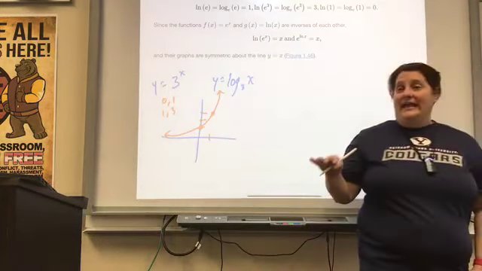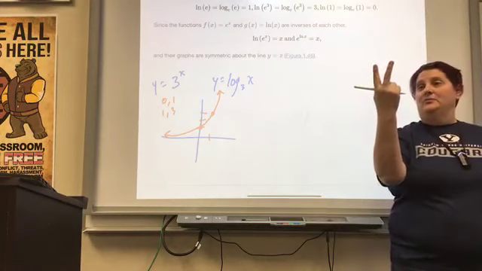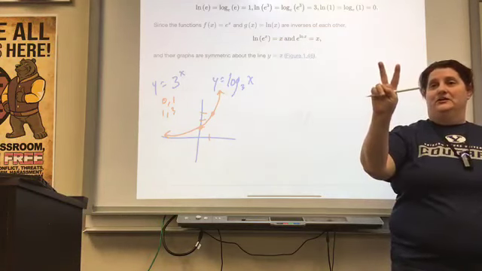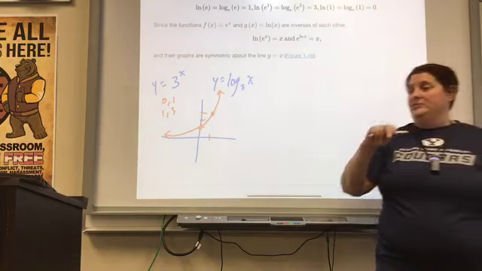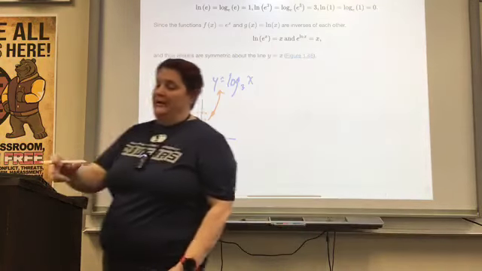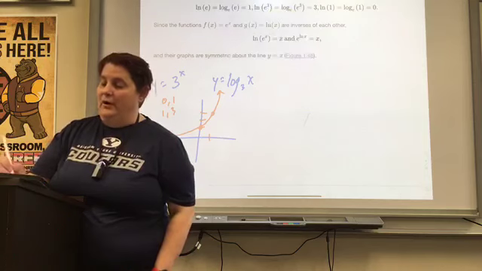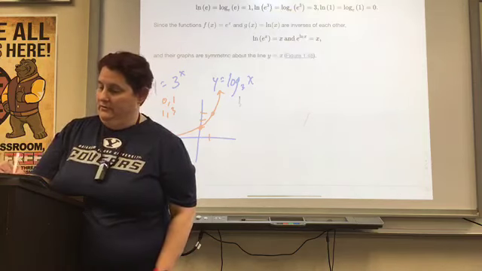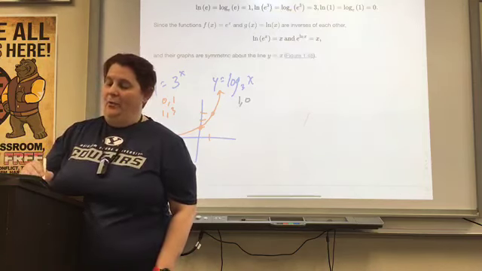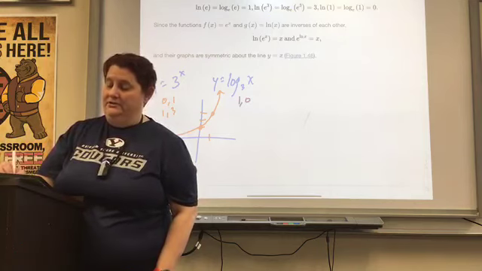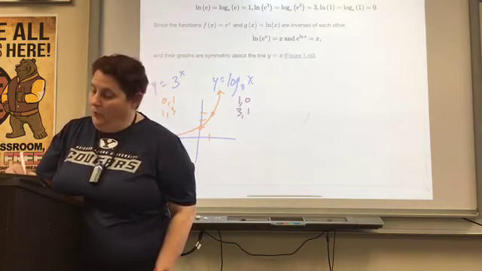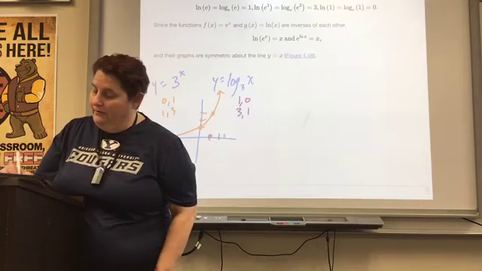To find an inverse, you take the x and y, you flip the x and y, and you solve for y. So if the point 0, 1 is on the graph of 3 to the x, what point is on this graph? 1, 0. And if the point 1, 3 is on that graph, what's on this graph? 3, 1.